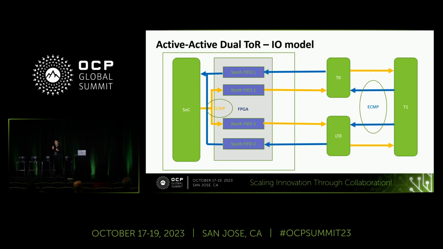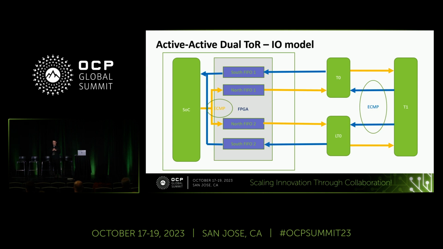The key point is that it flips back to both links. With that, both ToRs can monitor the ICMP echo from both sides.